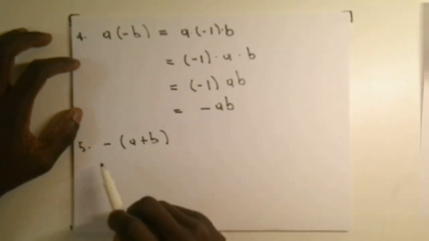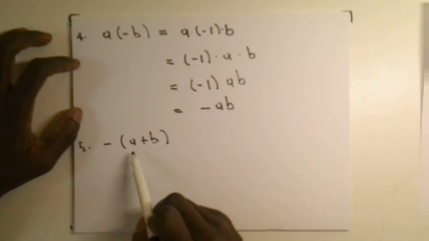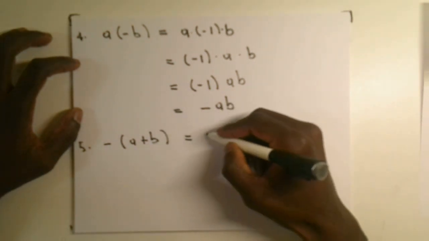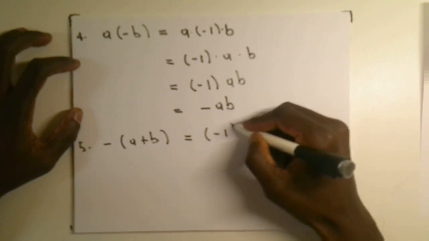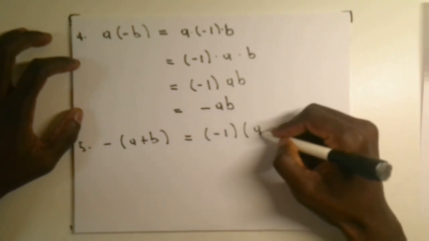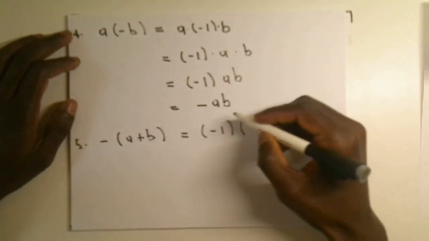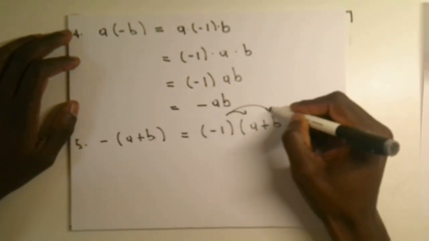Okay, now let's say I have negative 1 times A plus B. Now I will rewrite this as negative 1 times (A plus B). Good. Now I can distribute here.